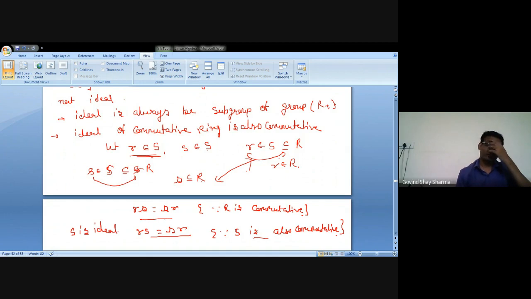Okay, so these are the properties. So we can say that an ideal is always a subring. An ideal is a subgroup of the group R, and the ideal of a commutative ring is also commutative.